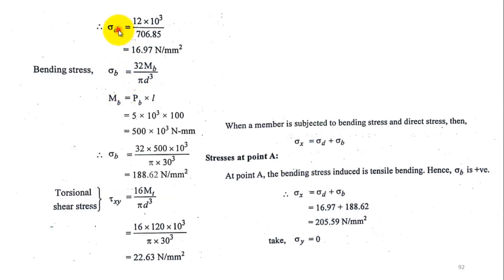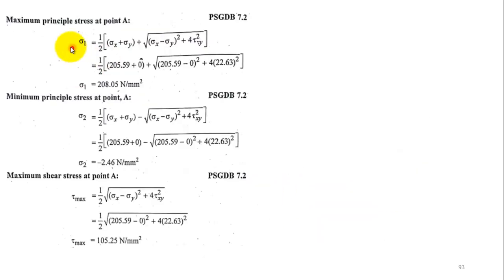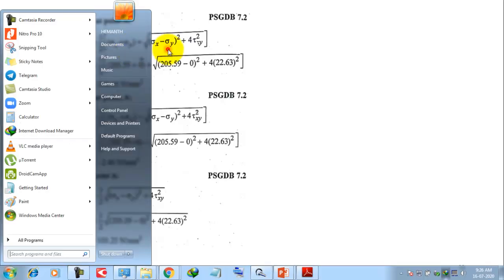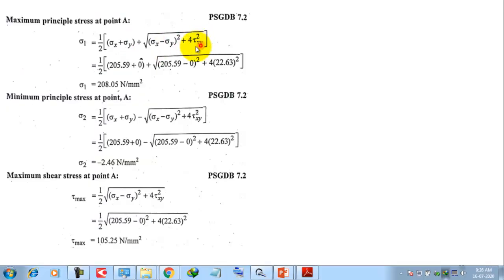So we used sigma d and sigma b for calculation of the normal stress, and we also calculated the shear stress. Those values you have to substitute in this formula, because sigma x, sigma y and tau xy we have calculated. You can calculate at point A.